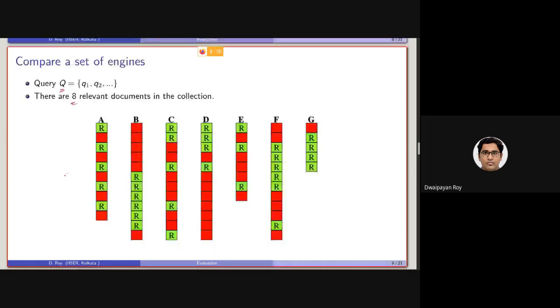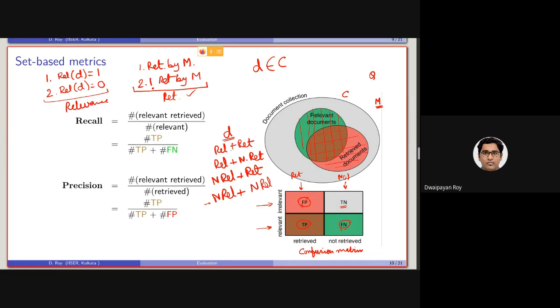For an ideal system, this circle and this ellipse will actually be overlapping. That is, all the relevant documents will be retrieved by the retrieval system. But ideally, this is not true. The retrieval system will be retrieving some non-relevant documents, as well as not retrieving some relevant documents. So from that point, this confusion matrix is coming into the picture.